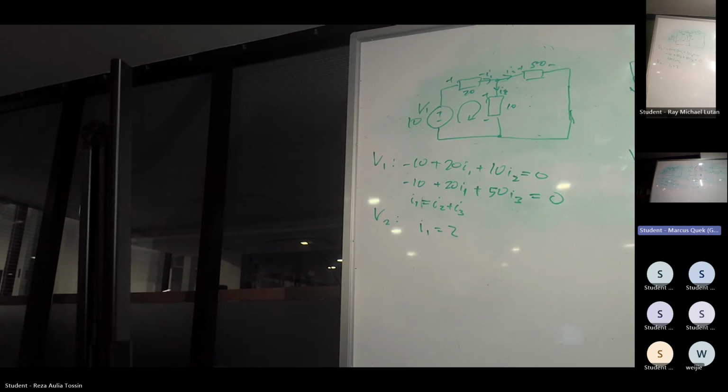Now I can measure the voltage across it. You see minus 0.004, so it's a minus. Actually the value is 0.004. It's very small, right?